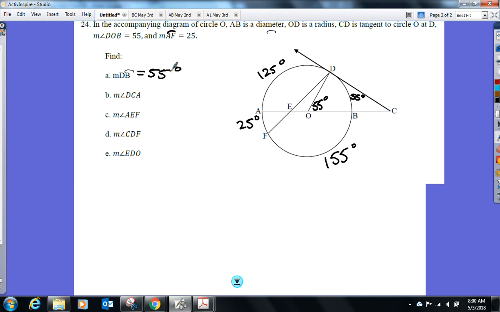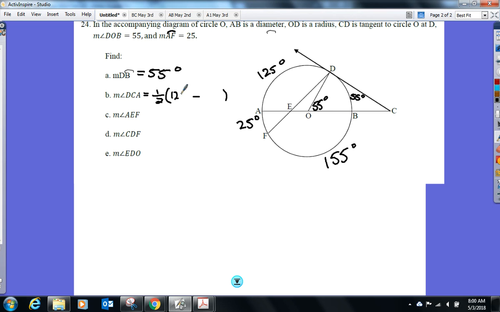DCA, where's it located, guys? DCA, outside the circle. So is that adding or subtracting the arcs? It's always subtracting. What are the two arcs in between? I really didn't want to go to the numbers today because we're reviewing, but the two arcs in between, 125 and 55.